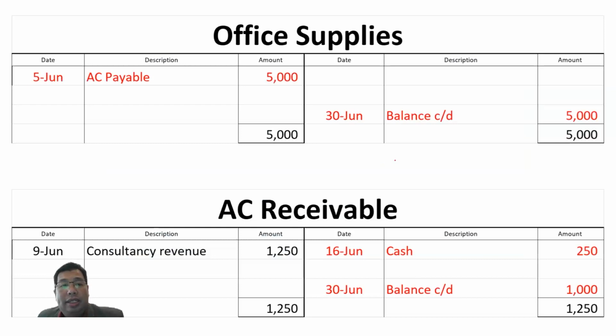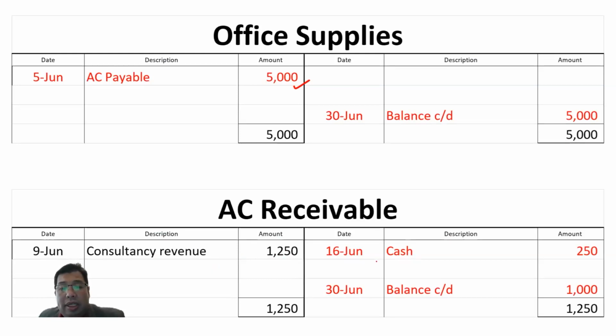And then we move to other assets. Office supplies, we did purchase 5,000. There's no additional purchase or usage of this supply. The balance should be 5,000. Whereas for account receivable, we did conduct services for our clients. We have an outstanding balance originally of 1,250 on 9 June.